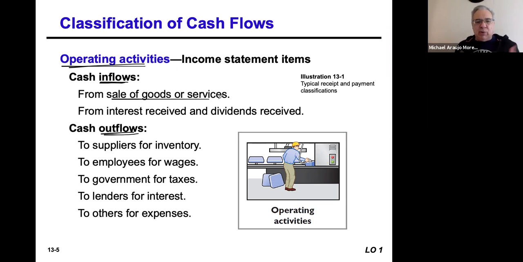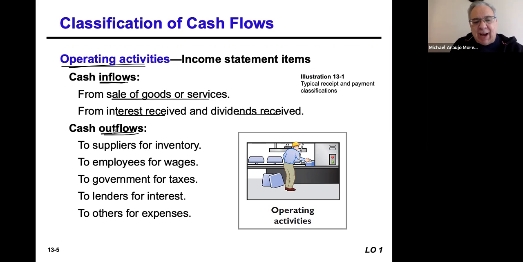That's the biggest source of cash coming in, as you're selling goods or services to clients and they're paying you cash for that. So that is the biggest cash flow coming in, is your customers are giving you cash to pay for your products and services. But a company can also get cash by receiving interest and dividends, and that cash is also coming in.